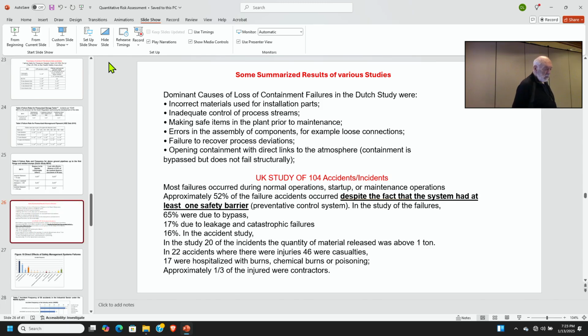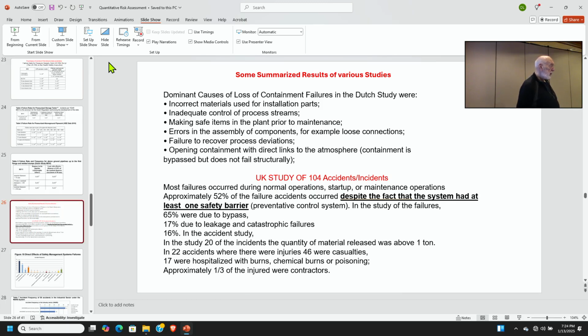UK study: most failures occurred under normal operations, startup, maintenance operations. Approximately 52% of the accidents occurred despite the fact that the system had at least one safety barrier.